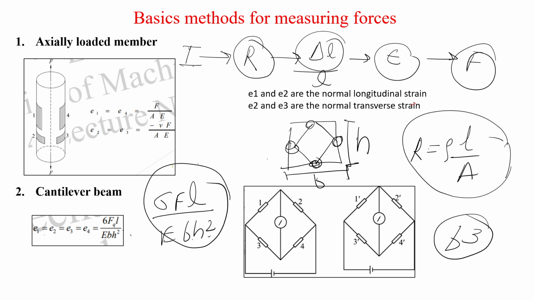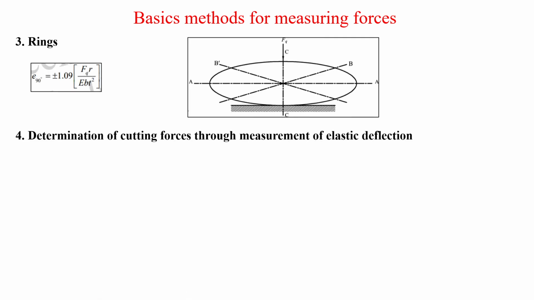Now we'll move on to the next method, which is the ring method. Similar to the cantilever beam method, we have a ring method in which the strain gauges are applied on a ring, and it is subjected to a force. In a 360-degree domain, we can apply the force anywhere, at 90 degrees, 120, 60, anywhere.